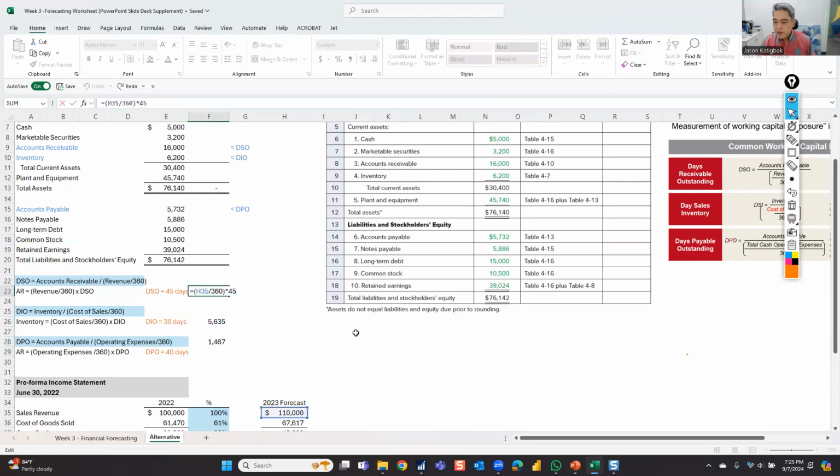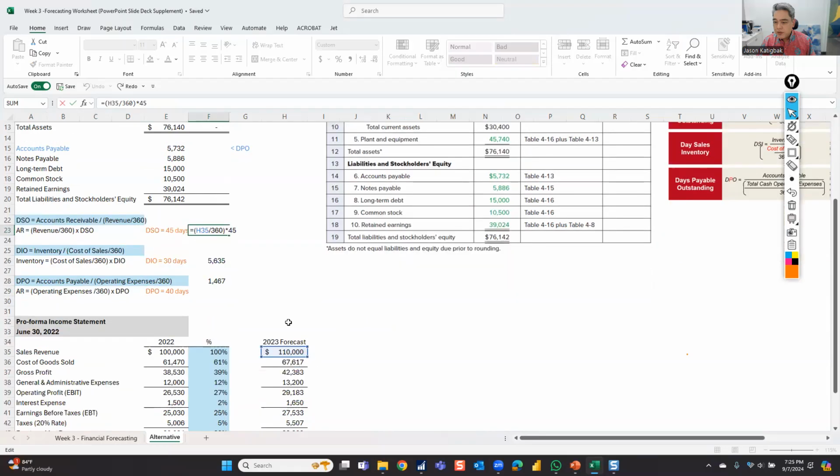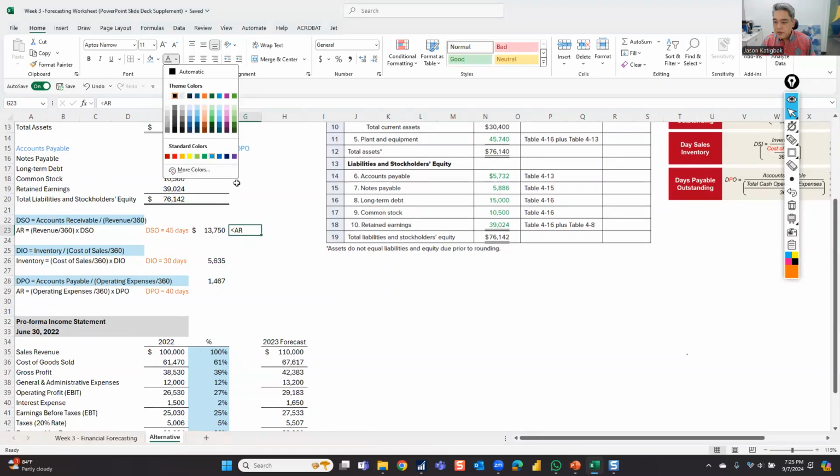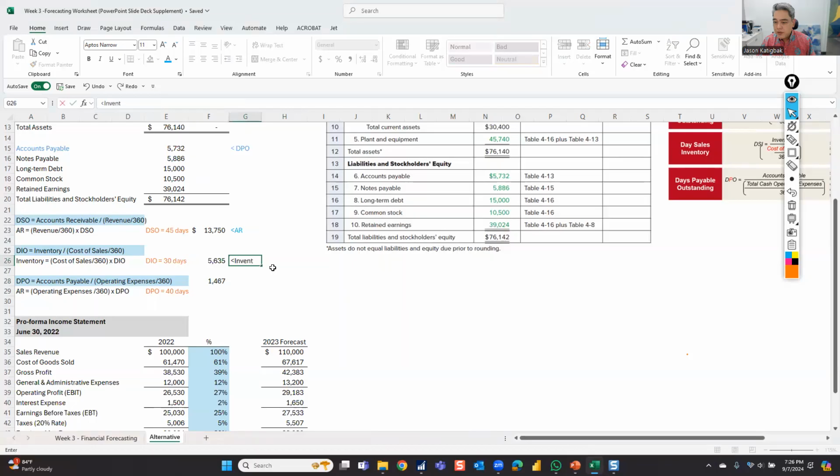So now I have my revenue divided by 360 and then multiplied by 45 is the accounts receivable. So this is now basically AR. Let me just highlight it. And then now this will be inventory. And then this one will be your accounts payable.